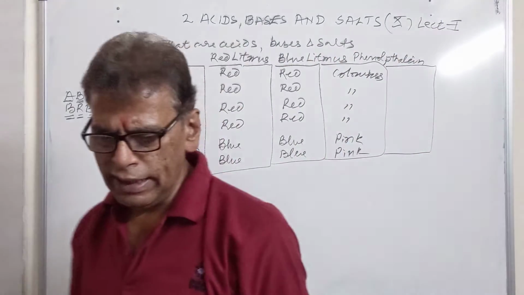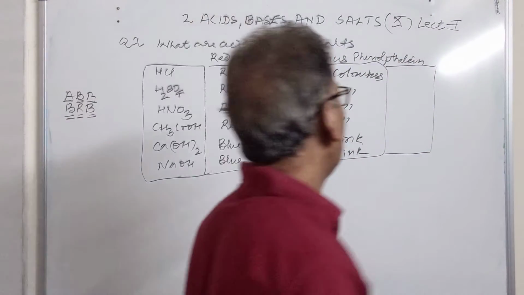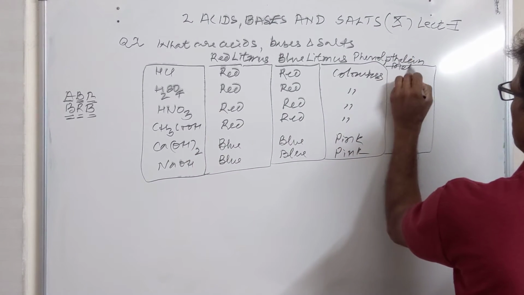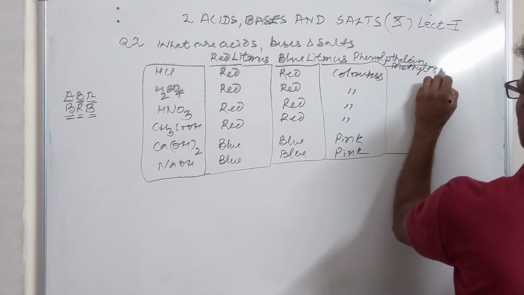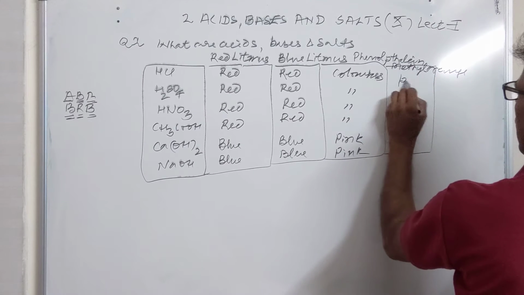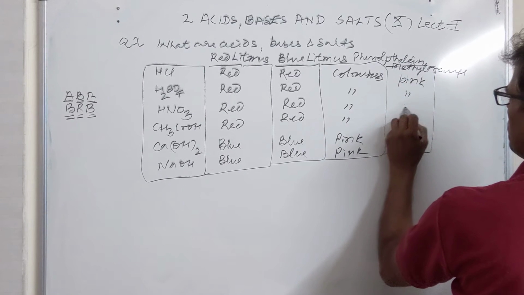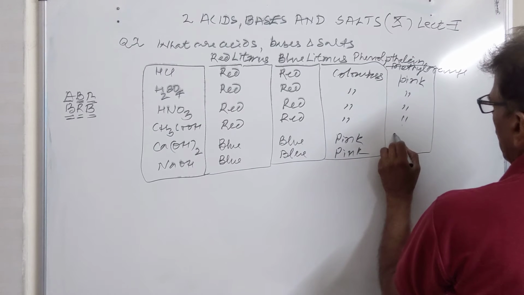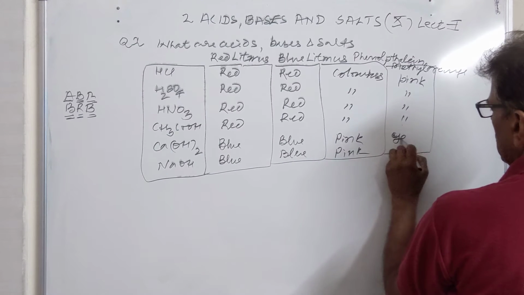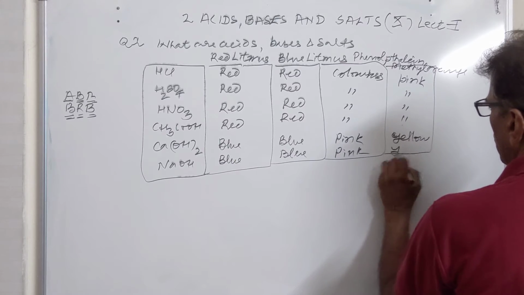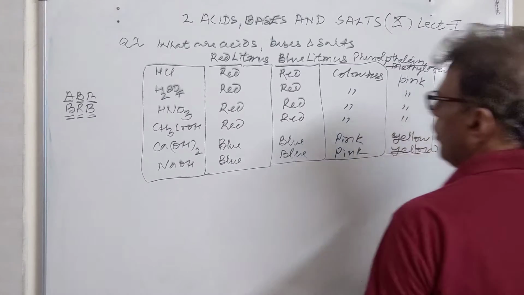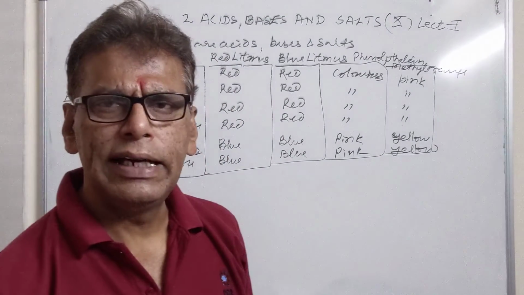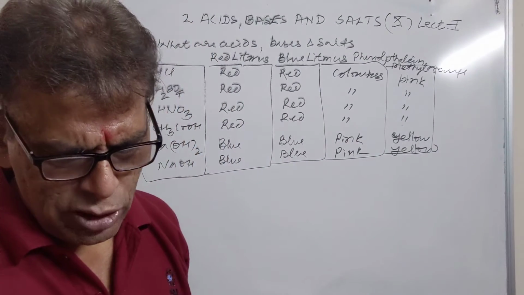Then we have the next indicator, that is methyl orange. It gives pink color with acids, and it gives the yellow color with bases. So this is the behavior of indicators toward acidic and basic solutions.